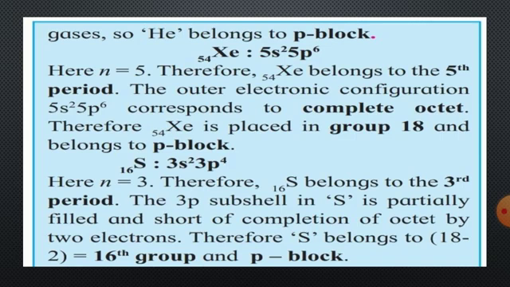And it belongs to group 16. How? 18 minus 2, because it is lacking 2 electrons for completion of octet. So 18 minus 2 is 16. The last electron enters the p subshell, and this is a group 16 element. It belongs to the p block.